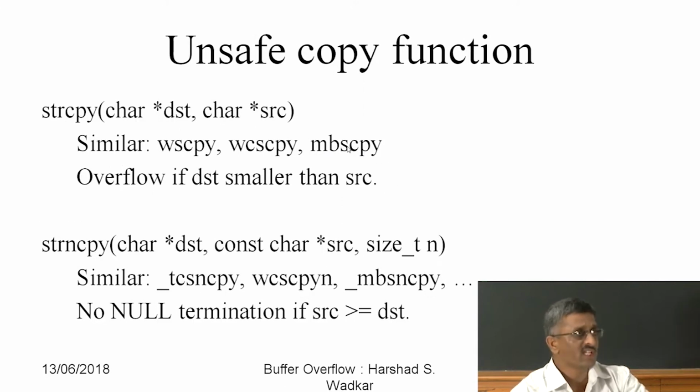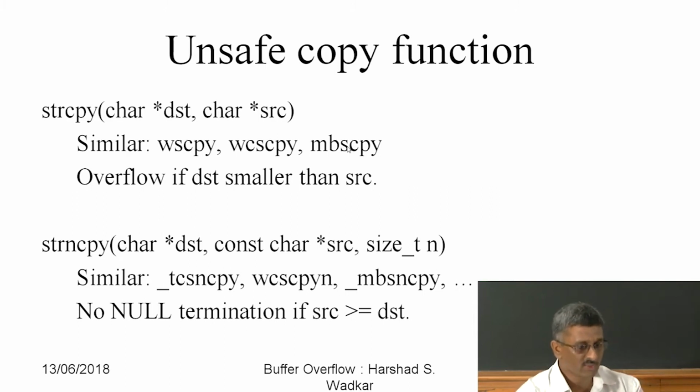The next one is unsafe functions like strcpy. It is not only strcpy, it is strcat also. strcat is what? String concatenation, adding another string to the first string. Again, there is no check for buffer overflow, so we need to use another corresponding function.